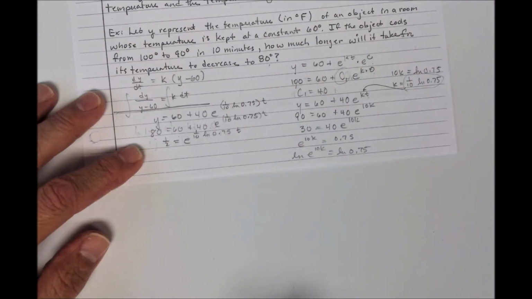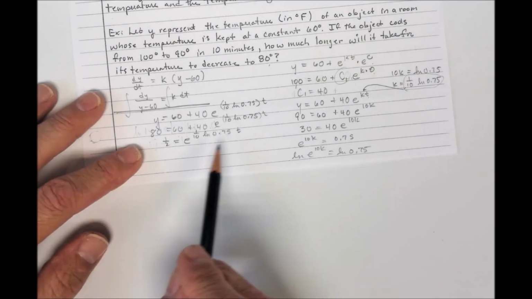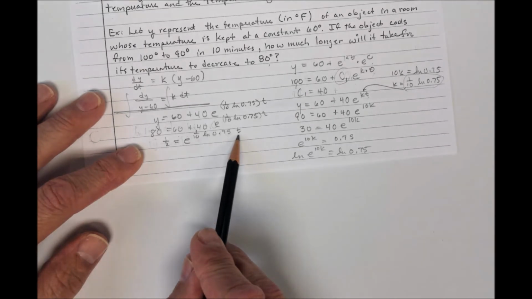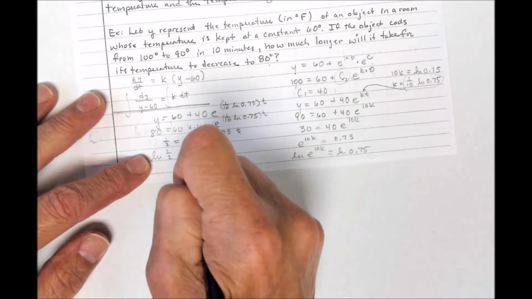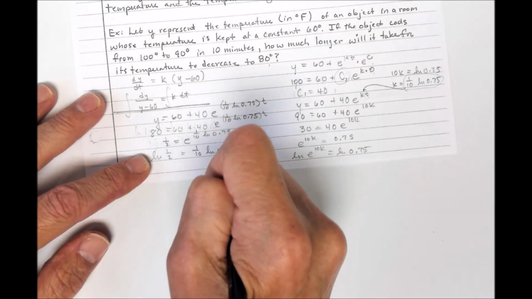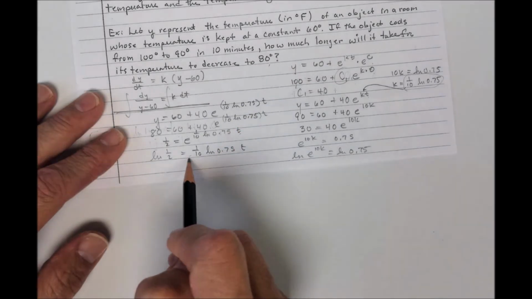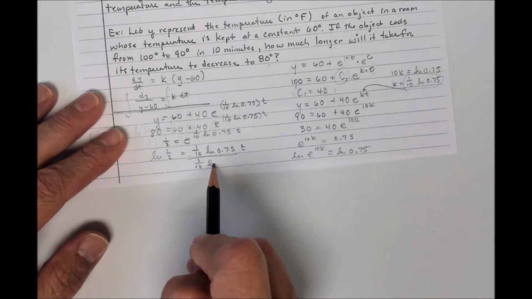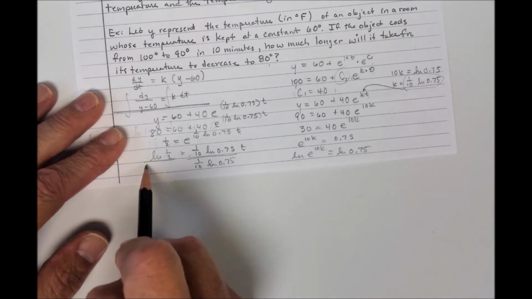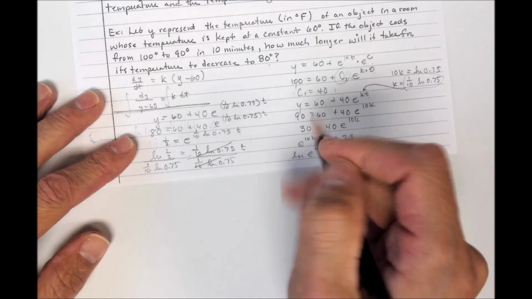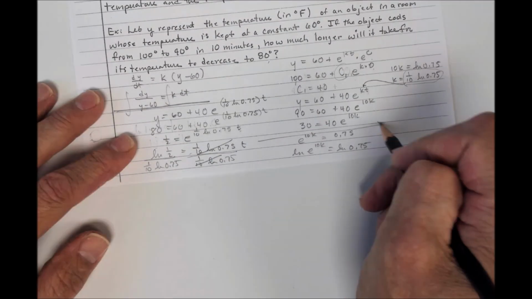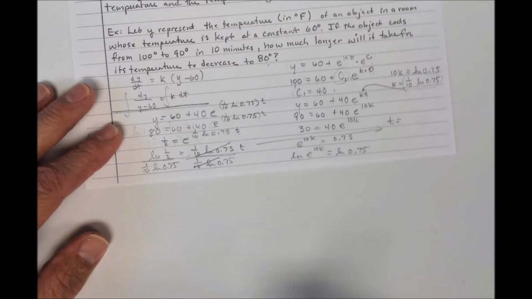Now, this is just getting messier and messier. So what I'm going to have to do is solve for t. I could take the natural log of both sides, divide both sides by 1/10 the natural log of 0.75, and I get t is equal to, let me grab my calculator.